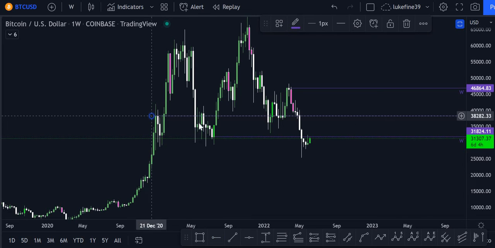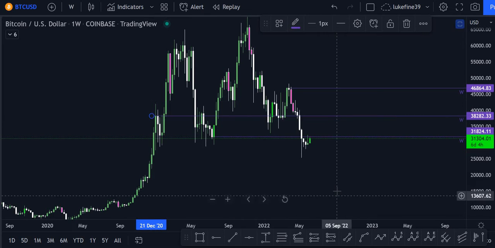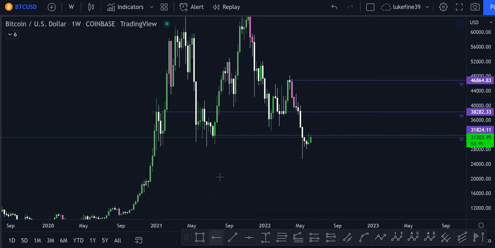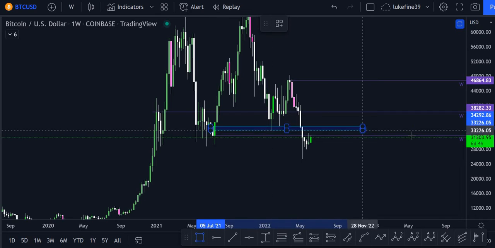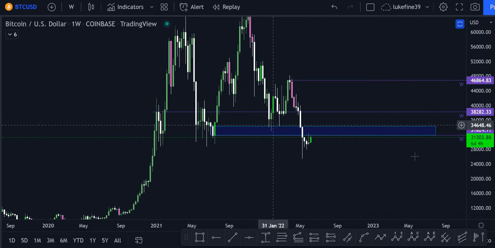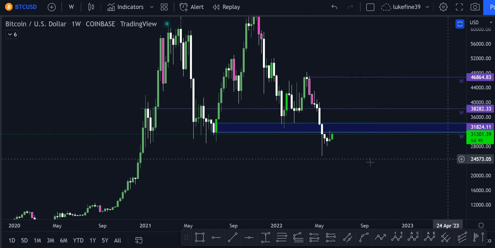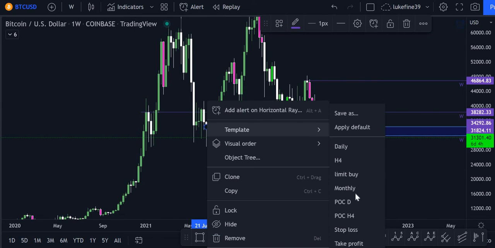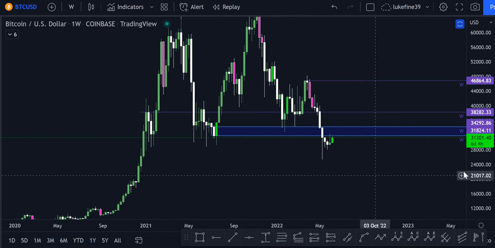I will take this level also. So these are the zones I like. There's this kind of a block, but the order block thing is really something different. But then we see the top of it acting as resistance also, so let's just put another one there. Yeah, like this, just so we got the numbers out.